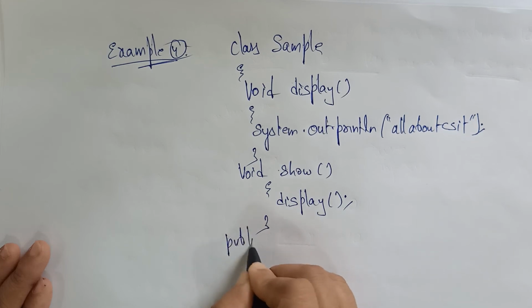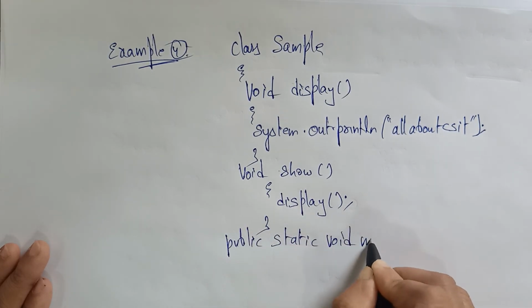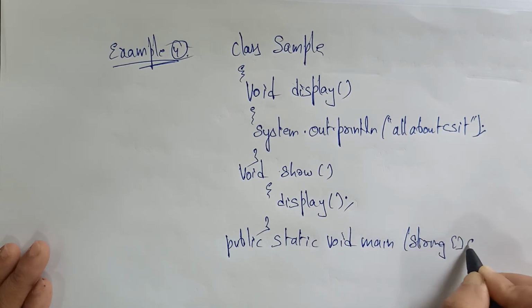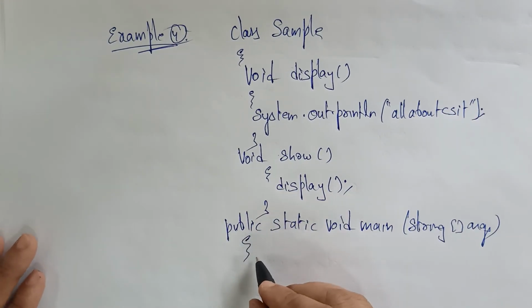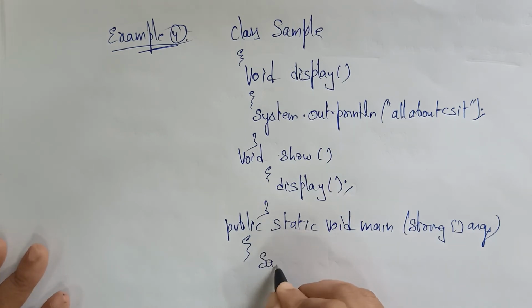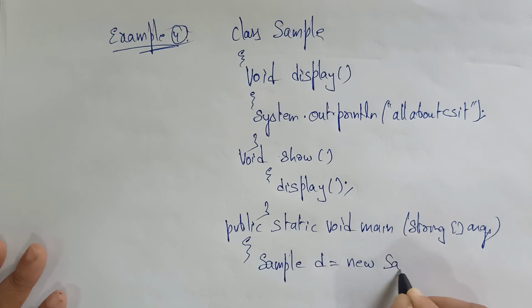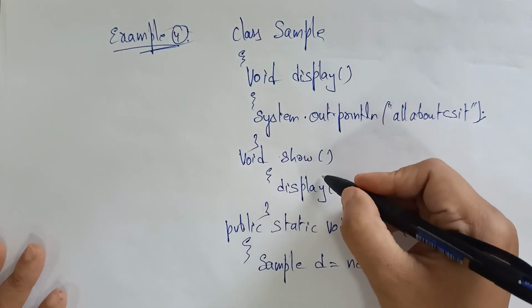So public static void main String arguments. So create an object. If you want to allocate memory to the instance method also, you need to create an object, right? Sample d is equal to new Sample. So here two methods are there, display is there, show is there.